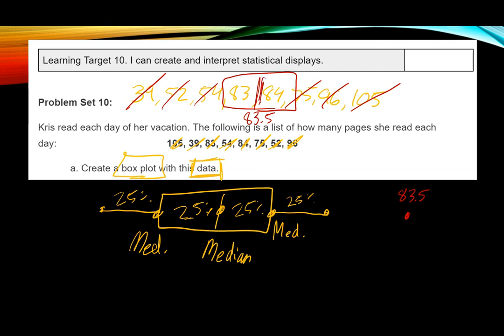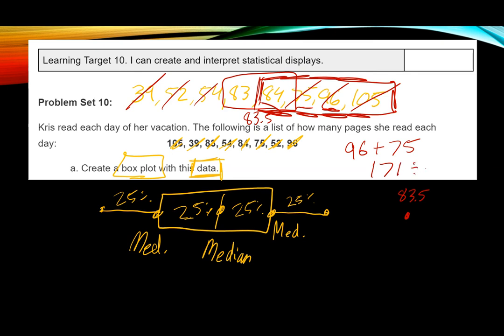And then let's take a look at the median for in between 84 and 105. So here I'm taking a look between 84 and 105. We're going to have 96 and 75 as our two middle numbers there. So if we add 75 to 96, that's going to be 171.